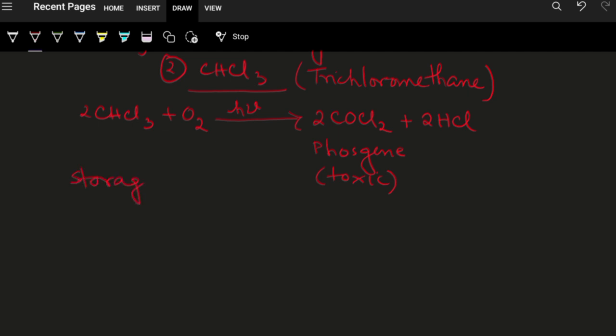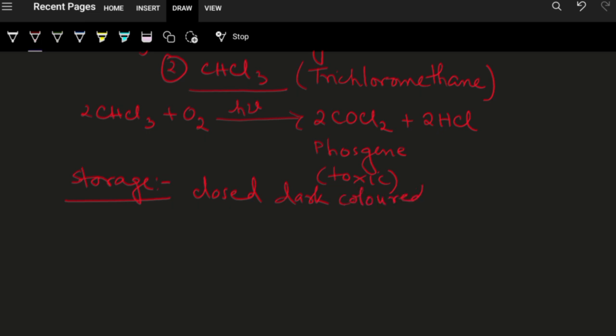Storage of chloroform is very important to know. It is stored in closed, very dark colored bottles, completely filled to the brim, in order to avoid air, in order to avoid the oxidation that can take place.